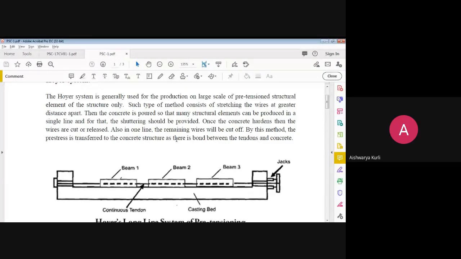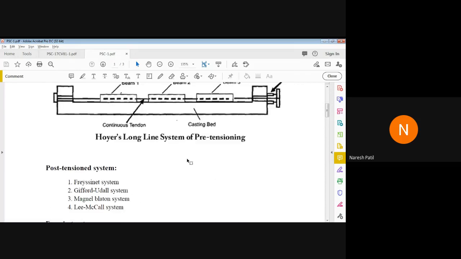Yes, sir, the screen. Okay. I have shared the PDF now because in the previous session on your side there was some problem, so I am trying to fix it. I'm trying to explain over the PDF now.